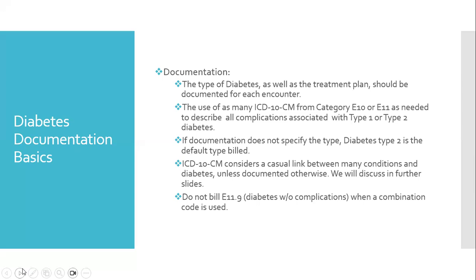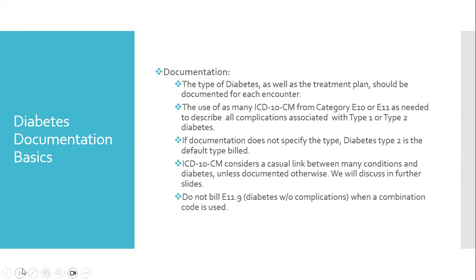There's also secondary diabetes and diabetes that's been caused by other conditions, to a lesser extent, but still apply because there are scenarios where it isn't just type 1 or type 2 diabetes. And again, if the type of diabetes is not documented, you need to make sure that you know that the default type is type 2.